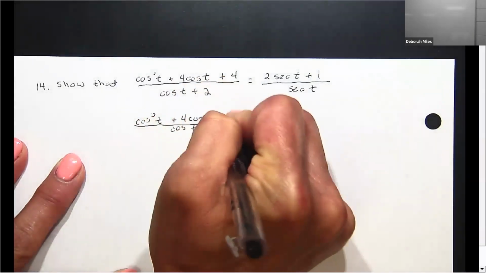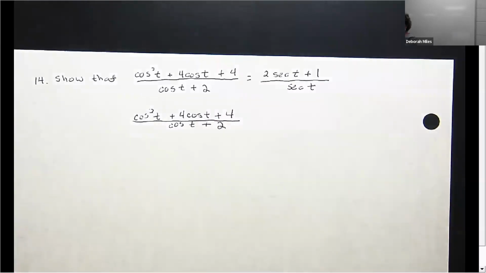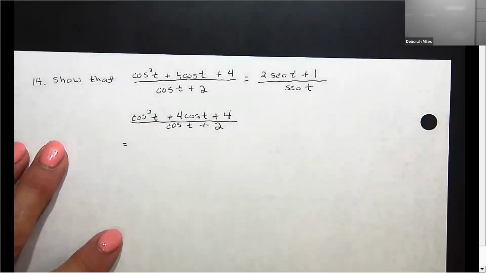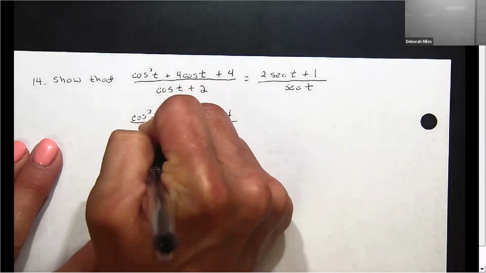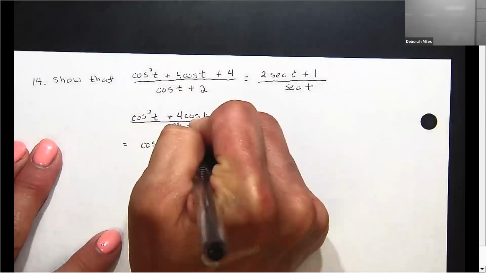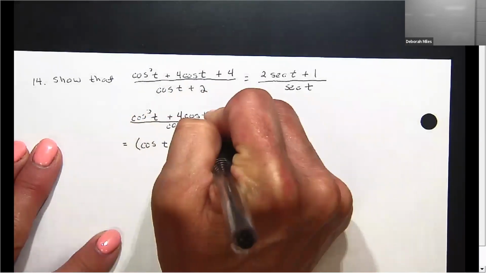The first thing that Miss Carey noticed about this one is that the numerator is a perfect square trinomial. How would it factor? Cosine t plus 2 squared.